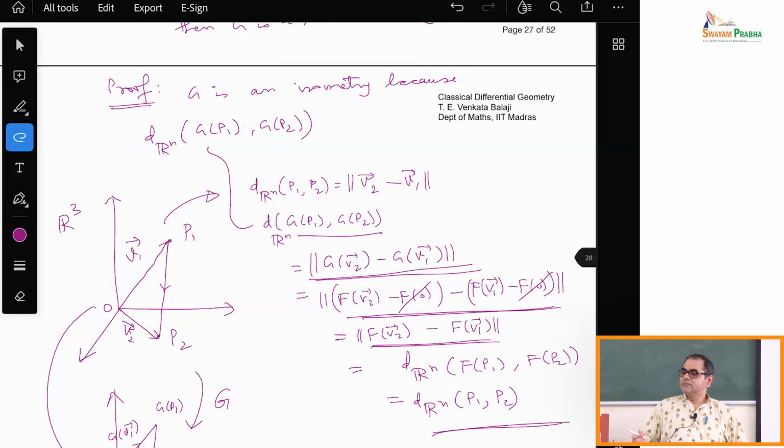Okay, is that clear? Right. So the moral of the story is that this G is an isometry, right?